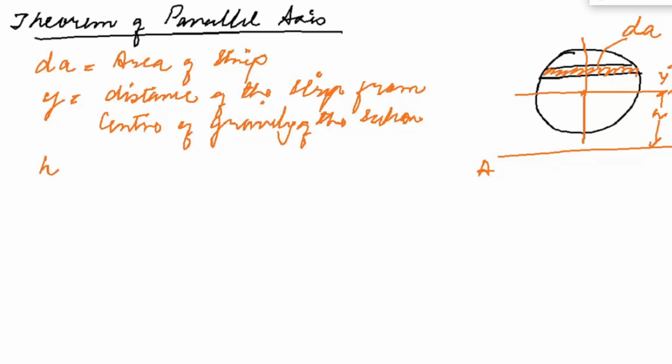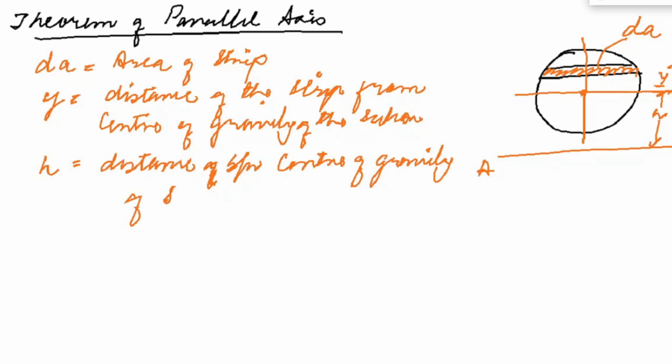And now here center of gravity of this whole section is here, and the distance is from that portion, which is the center of gravity of the section circle, up till the elemental area. And what is h? H is basically distance between center of gravity of section and axis AB.